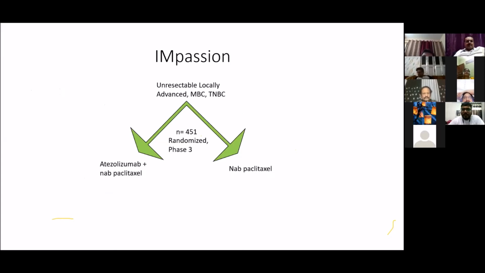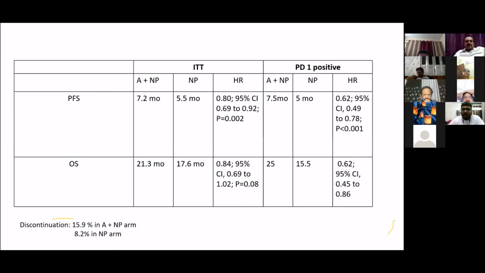That is the IMpassion trial. It combined atezolizumab with nab-paclitaxel versus nab-paclitaxel alone. Again, a randomized phase 3 trial of 51 patients with metastatic triple-negative breast cancer. The primary endpoints were progression-free survival and overall survival. They divided the results into two parts. One was intention to treat, that means all the patients who enrolled in the trial were evaluated.